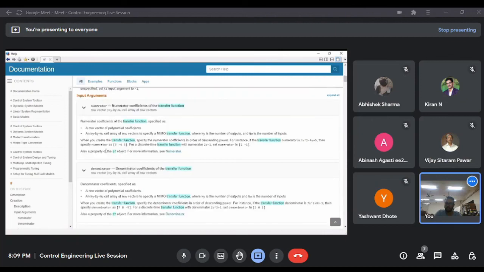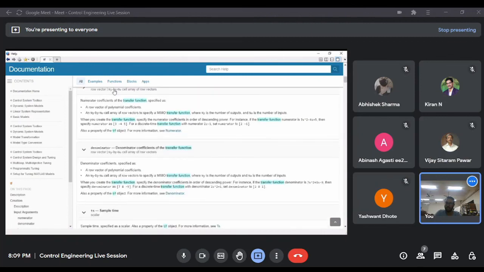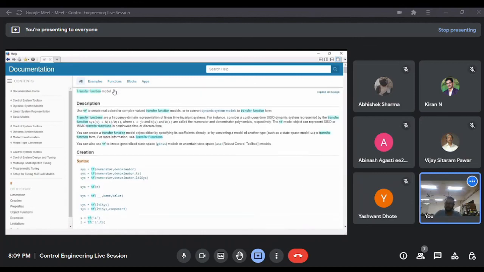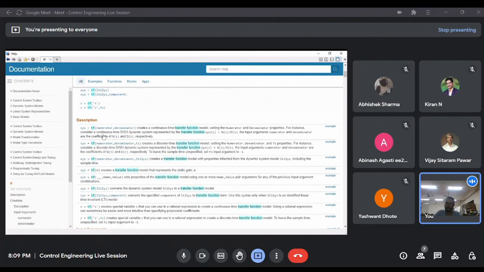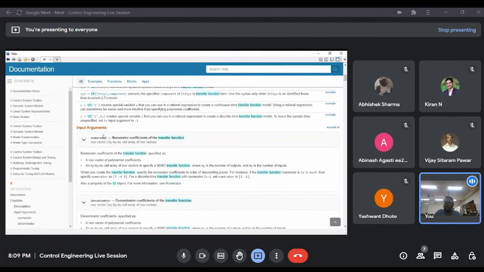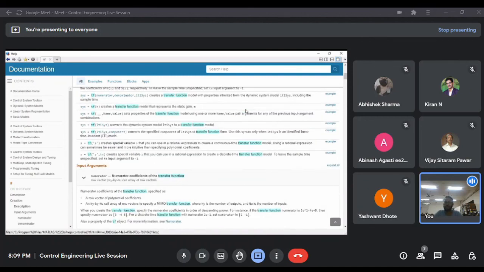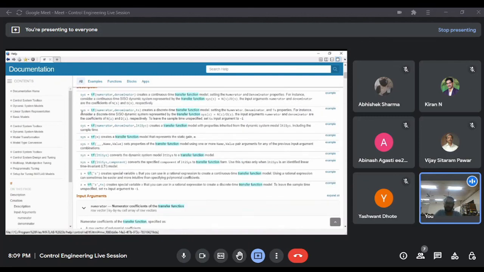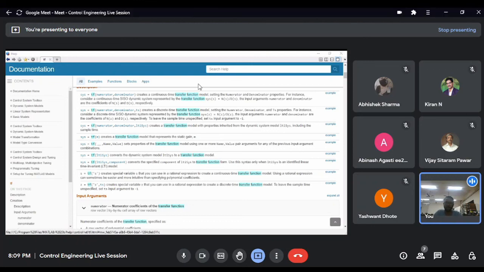Here you can see, to define a transfer function, what possible methods you have, how you can define it by either a numerator denominator polynomial or by initiating an s variable like I did in the examples. So you can explore around with the documentation of MATLAB and see how you can go.